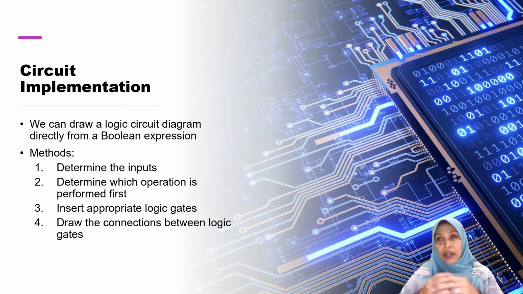You have to know what logic operation is applied to the circuit, whether it is a NOT operation, OR operation, or AND operation, where we need the AND gate for AND operation, or maybe we can use the NAND gate, NOT gate, and also the XOR gate. So it depends on what operation is involved in the Boolean equation. And then finally, we draw the connection between the logic gates.